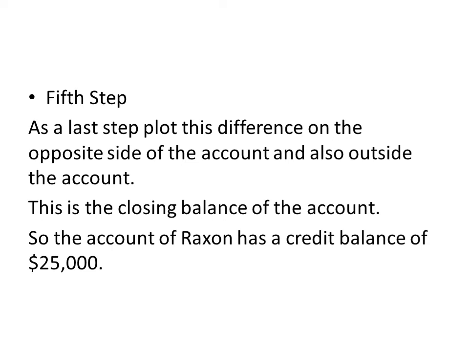So this is recorded here that as a last step, we transfer the balance in the account on the opposite side of the account, and we write balance B over D. So B over D means brought down. So the closing balance in the account is $25,000, and that is a credit balance.